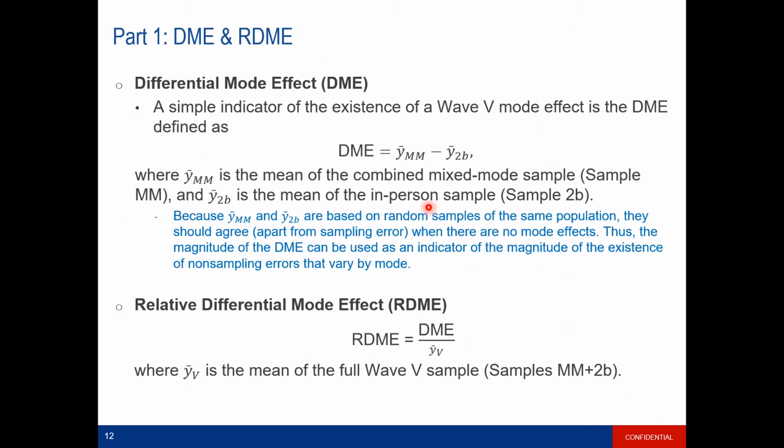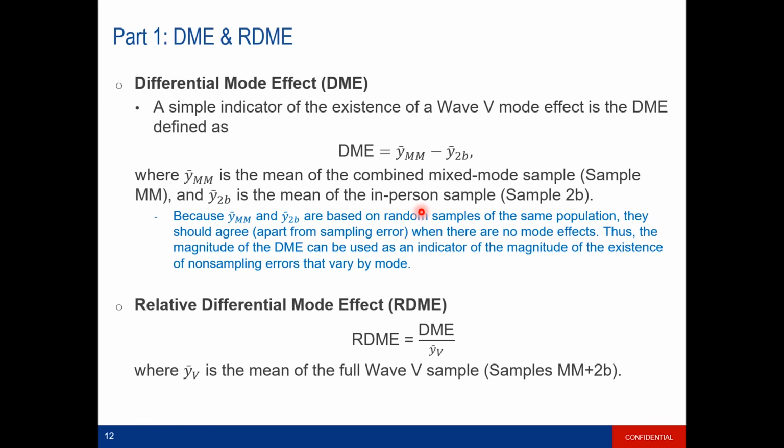For the part 1 analysis, basically, we're just comparing the estimates between the mixed mode and the in-person sample. As you can see, when we selected the mixed mode sample and the in-person sample, sample 2B, they are actually a random sample from the same population because we selected those samples randomly from the entire sample.